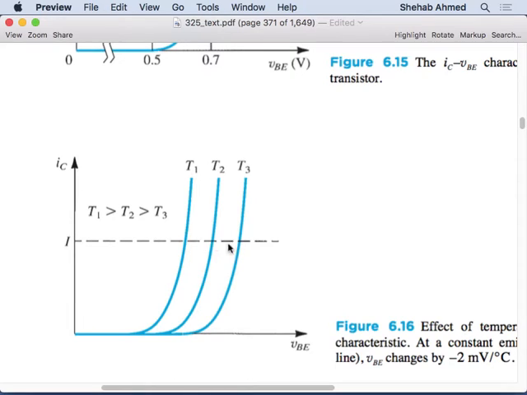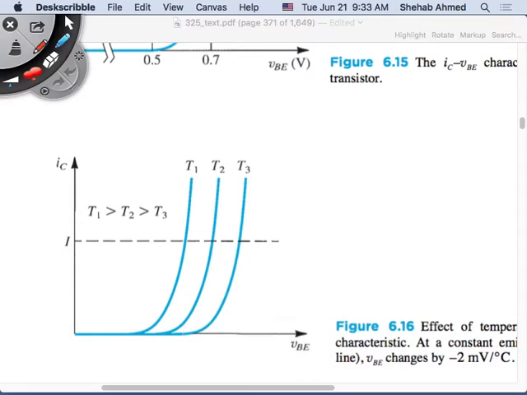But here, when it gets hot, for the same value of voltage across the device, let's say I have a curve close to here, the same value of voltage, when it gets hot, actually it's going to draw more current.